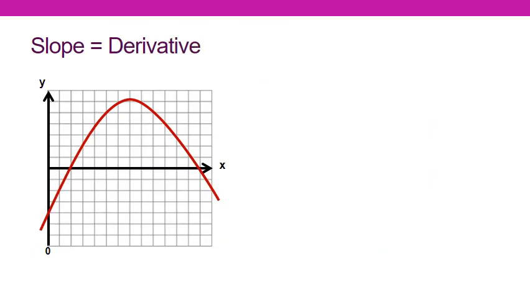If you're taking calculus concurrent with this course or have taken it previously, you may recognize that when I say slope, we're really talking about the derivative of a function. Now, what is the derivative of a function? Well, if I wanted to find the rate of change at this point, I could look at a point far away and find the slope of the line that passes between those 2 points.